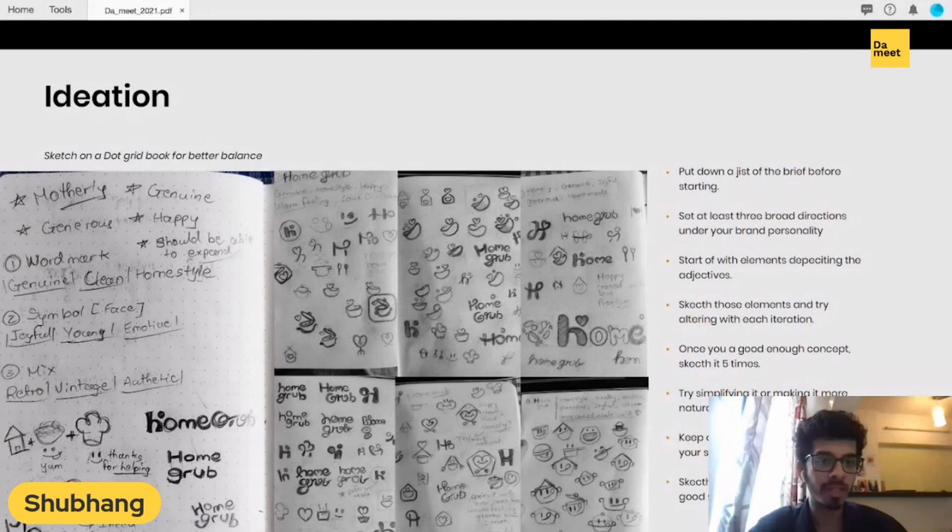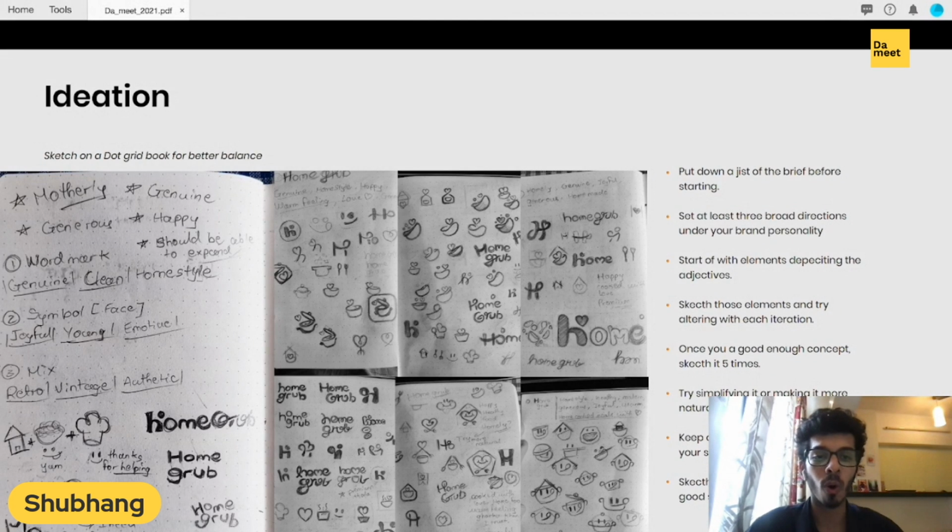So the first step in designing, after you get the rebriefing done, is the ideation stage, where you can also sketch. If you feel comfortable with digital design, ideating digitally is fine. But generally, sketching will help you get a natural design much easier. So that is why even I prefer sketching over here.